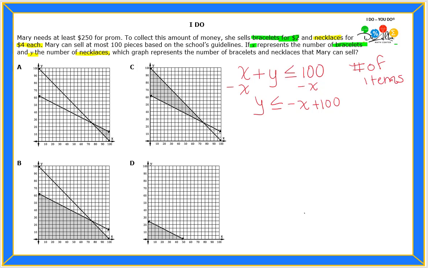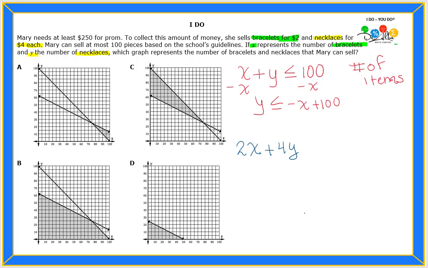It says that Mary needs at least $250 for the prom. We do know that when she sells the items, she's going to charge $2 for the bracelets, so that's going to be 2X, and $4 for the necklaces, so that's going to be 4Y. Now that amount, it says at least.